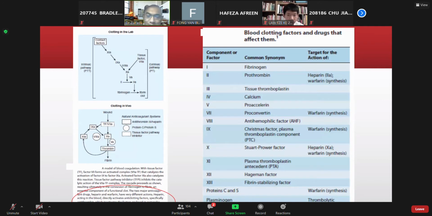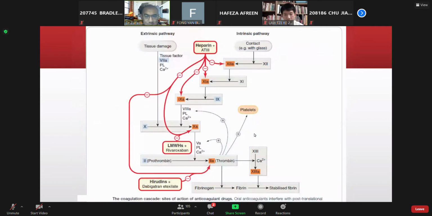So these are the blood clotting factors that we are talking about. Factor 1 is also called fibrinogen. Factor 2 is prothrombin, and so on. So get familiar with these factors. This diagram shows you the coagulation cascade and the site of action of the anticoagulant drugs.